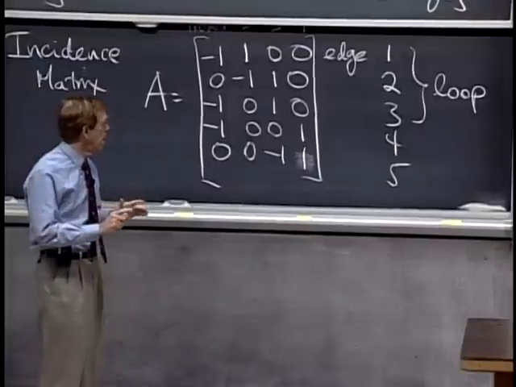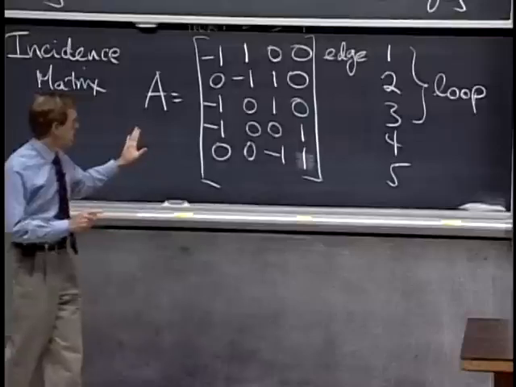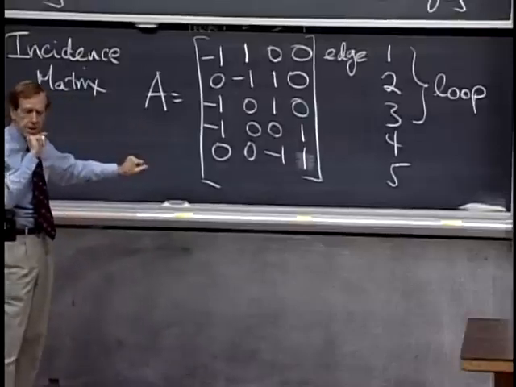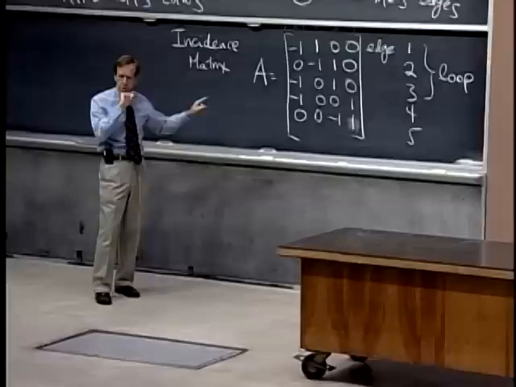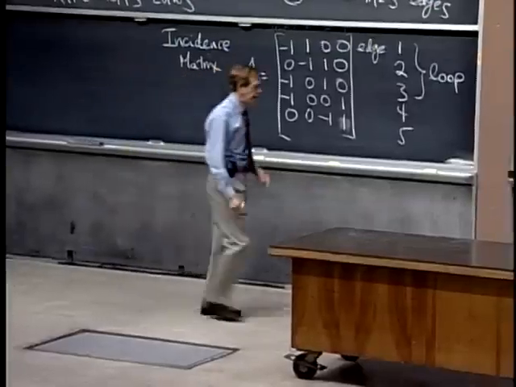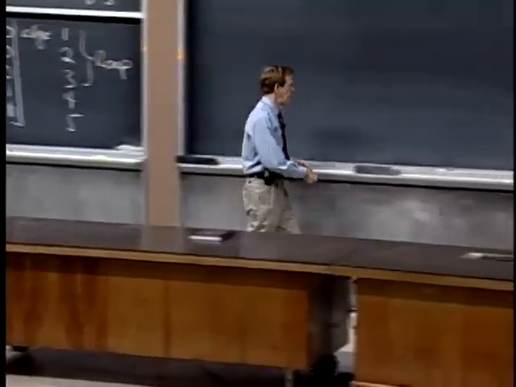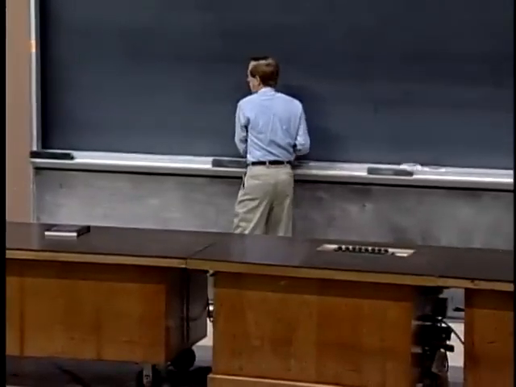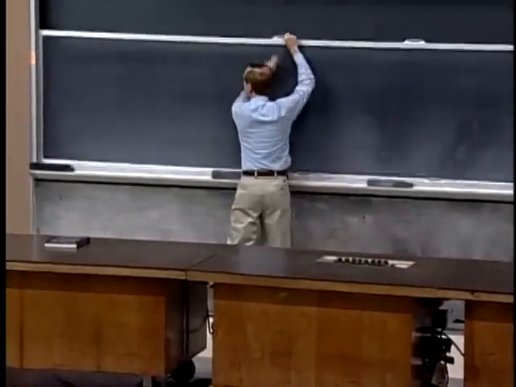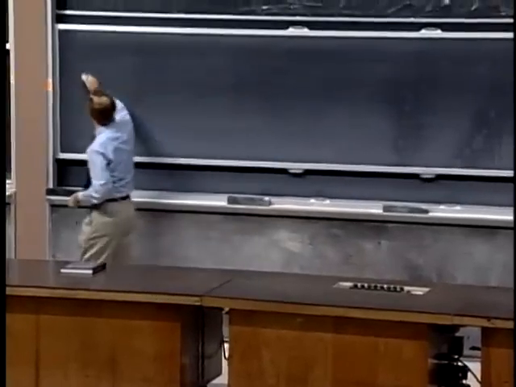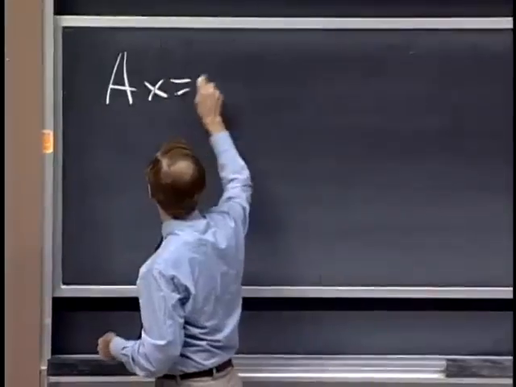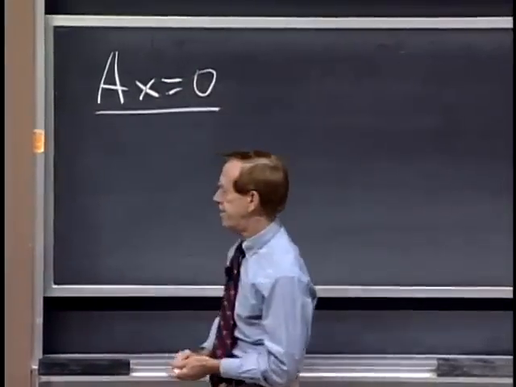I don't know if you see the answer. Let's see, I guess we could do it properly. We could solve Ax equals 0. So let me solve Ax equals 0 to find the null space. Okay, what's Ax?